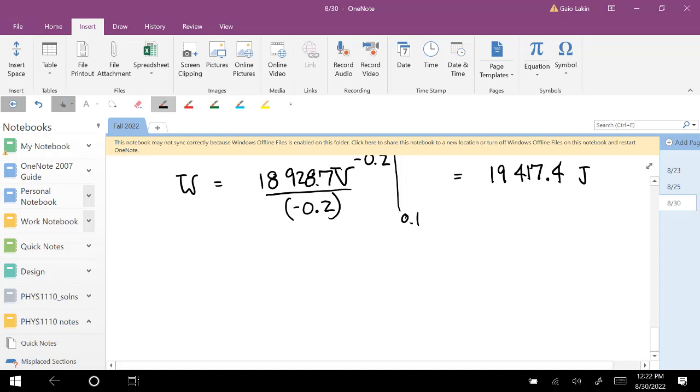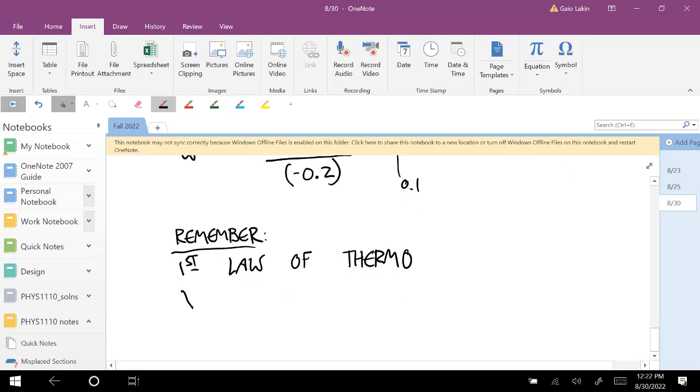So remember, the first law of thermodynamics says the change in energy of your system is equal to Q minus W. Q is the heat that's added to your system. W is the work done by your system.